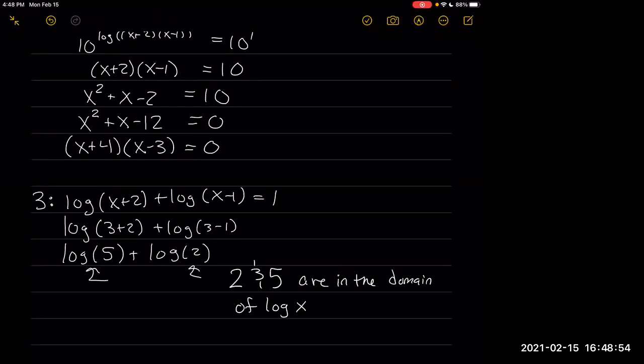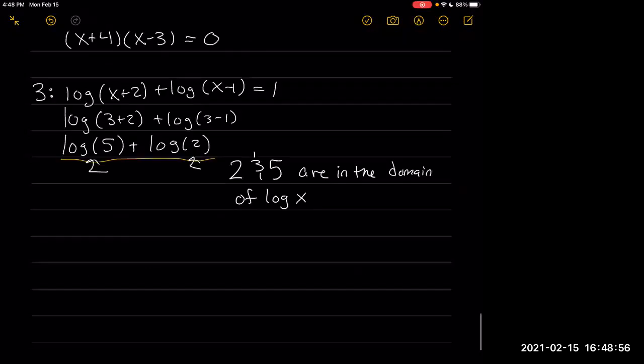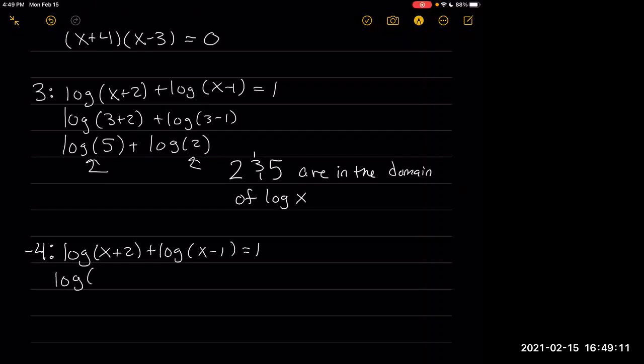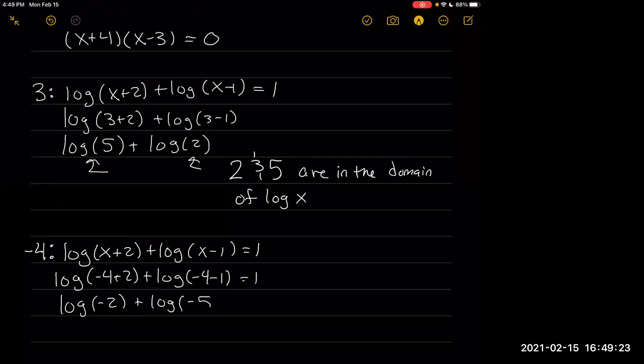Now we're going to check negative 4. So log of x plus 2 plus log of x minus 1. Then we'll have log of negative 4 plus 2 plus log of negative 4 minus 1. Now we end up with log of negative 2 plus log of negative 5.